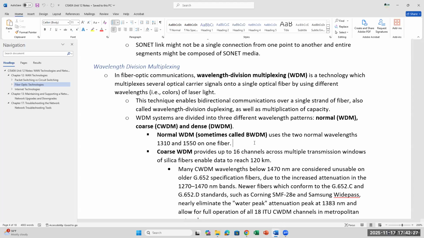So I have to run fiber across my campus in order to accommodate my company who sells communication technology. And the same thing with Broadcom and other companies, right? So when you look at coarse, simply it's implementing 16 channels, and that means it's able to transfer a massive amount of data farther, right?